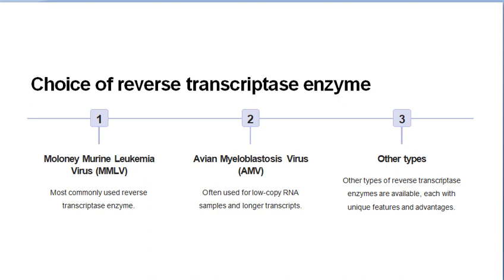When I speak about the reverse transcriptase enzyme, where does this enzyme come from? What are the requirements, and what kind of reverse transcriptase enzyme do I have to use? That is a basic concept. One is from the Moloney leukemia virus, a very commonly used reverse transcriptase enzyme.